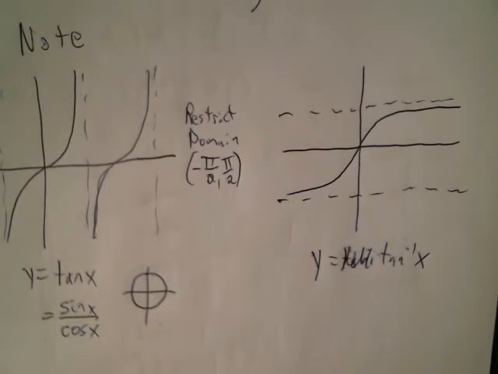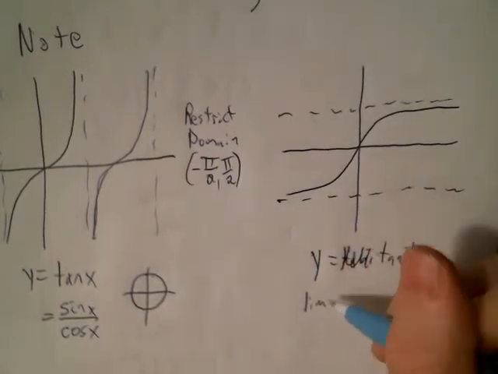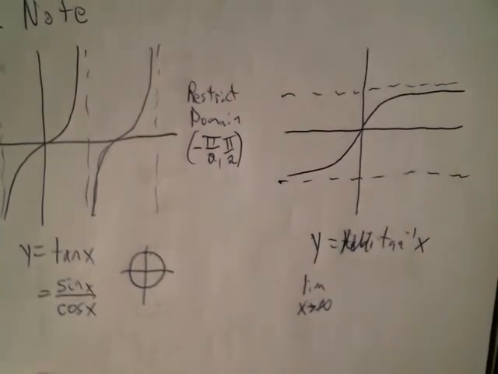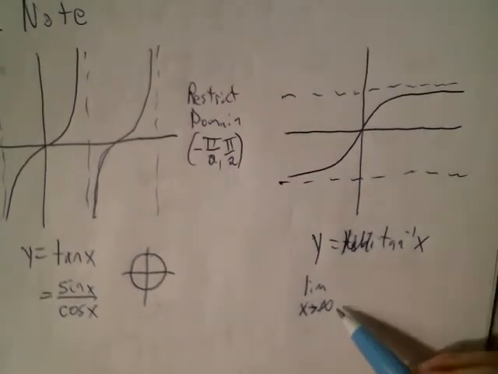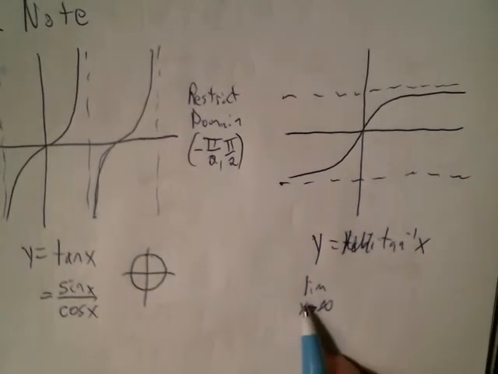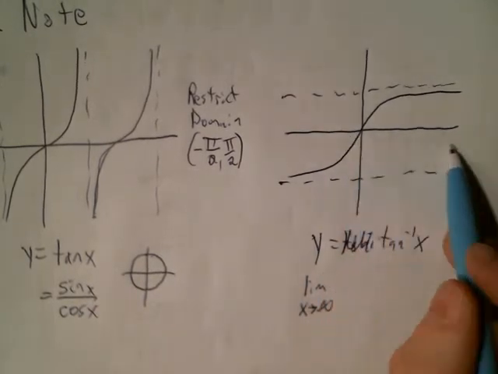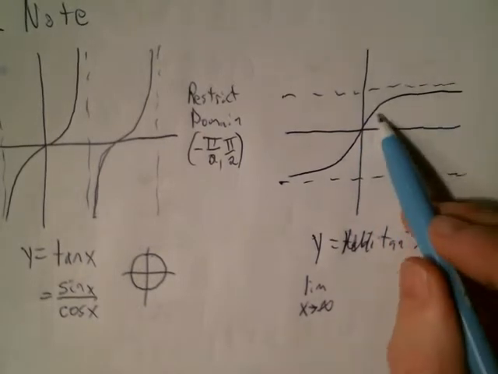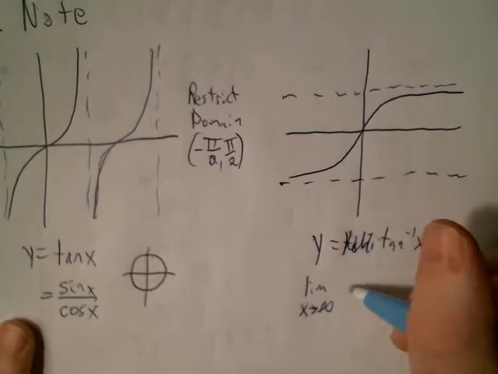One issue that always comes up later on, I don't know if we even want to go there, but we'll talk about infinite limits eventually, so you might as well start talking about it now. The limit as x goes to infinity in this direction, where are the y values going? Well, they're going to level off to the asymptote, which would be pi over 2.